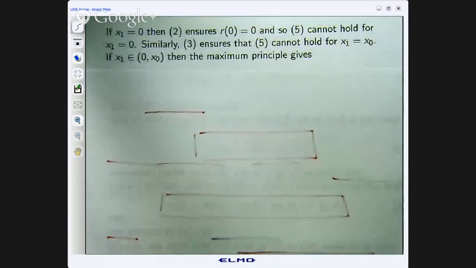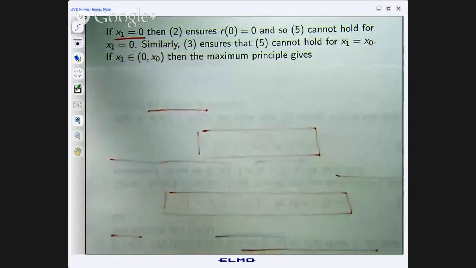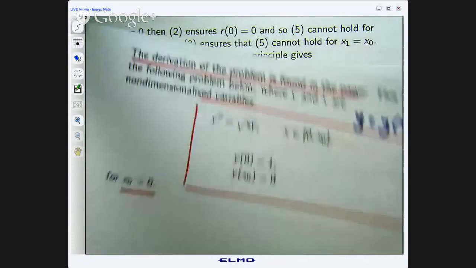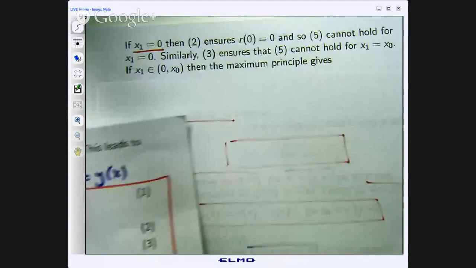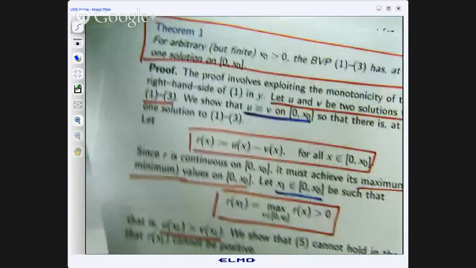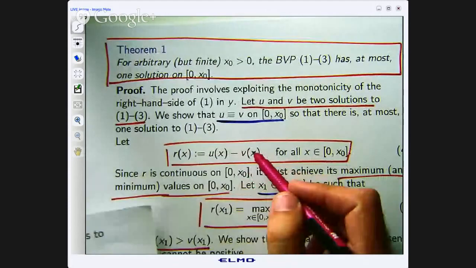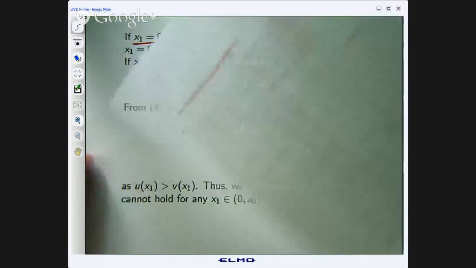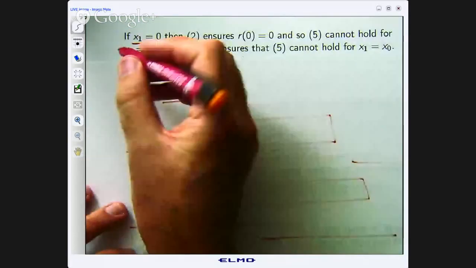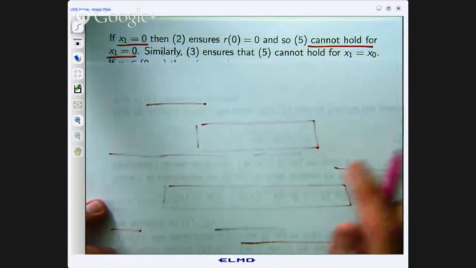So let's say that x1 equals 0. Then this boundary condition would be basically 1 minus 1, which is 0. That definitely means that this can't be positive, right? So we can't have x1 equaling 0.